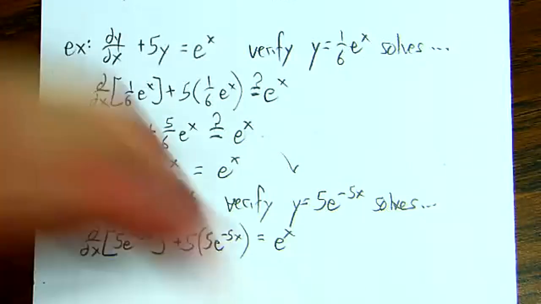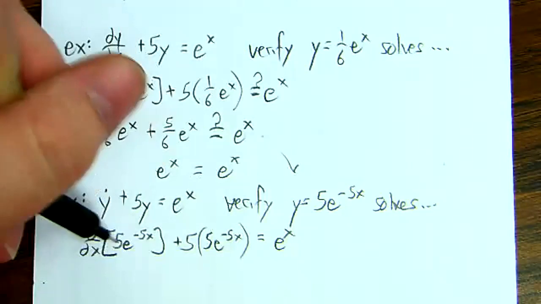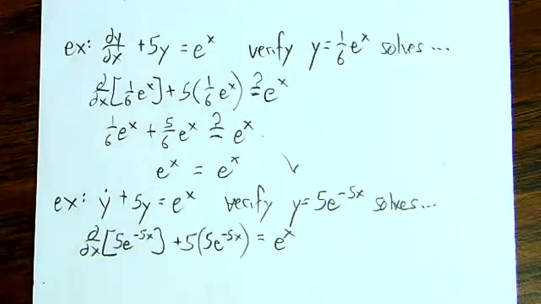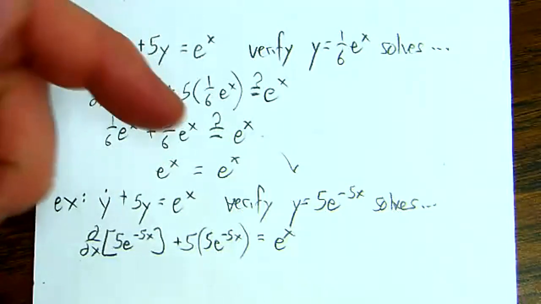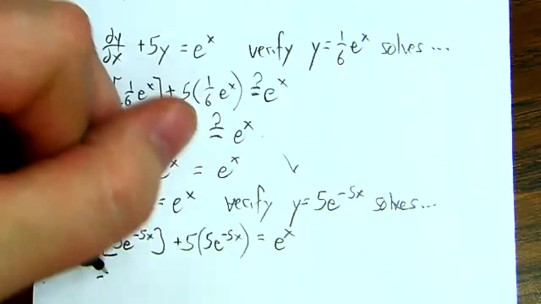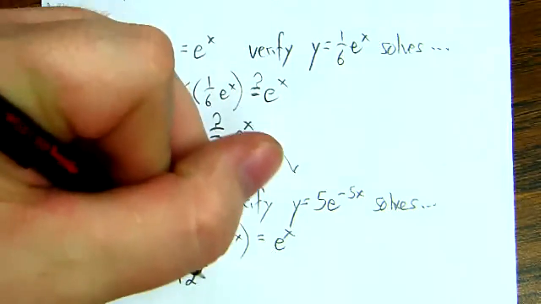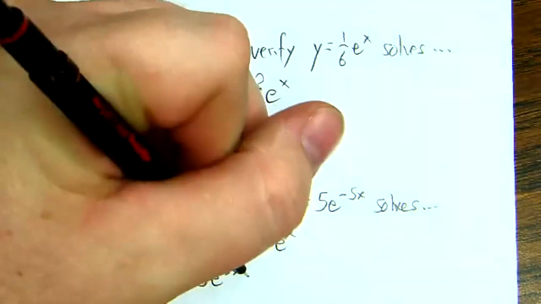The derivative of e to the negative 5x is e to the negative 5x times the derivative of negative 5x, which is just negative 5. So this is negative 25 e to the negative 5x plus 25 e to the negative 5x.